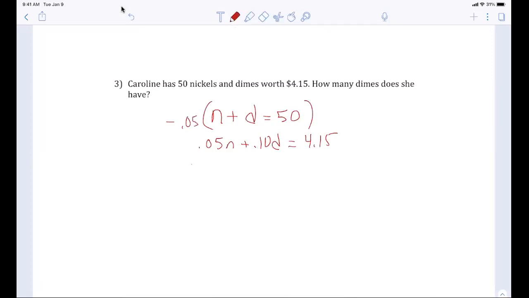So that gives me negative 0.05n minus 0.05d equals negative 2.5. When I added them up, that's what I got.